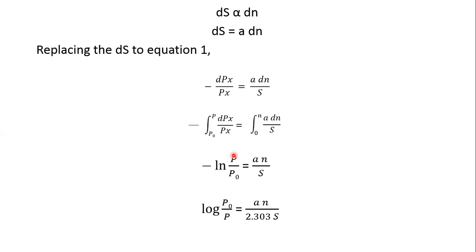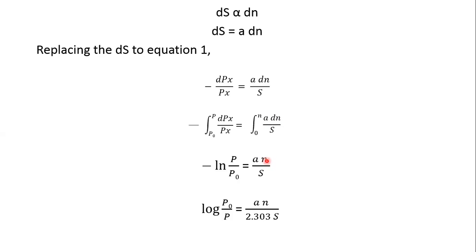Upon integration, the left hand side becomes negative ln, natural logarithm of P upon P naught, equal to a and S are constants, so they come out of the integration, and dn becomes n.